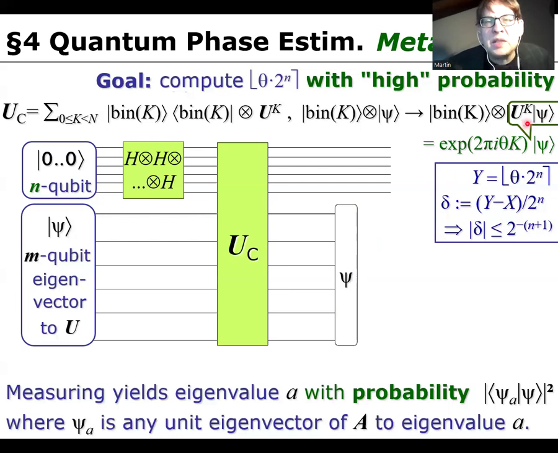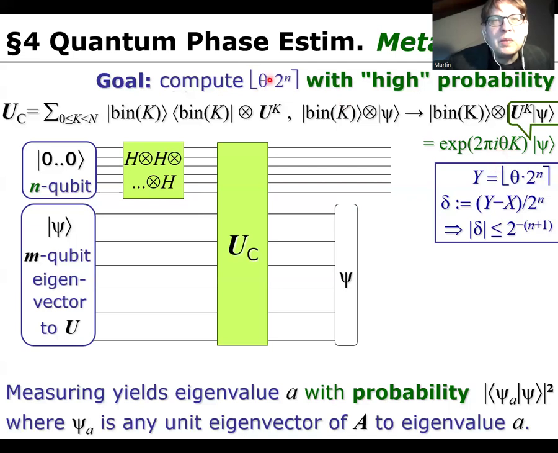And recall, since this is a unitary transform, the kth power will result in scaling this vector with the k-fold of the phase which we want to approximate.